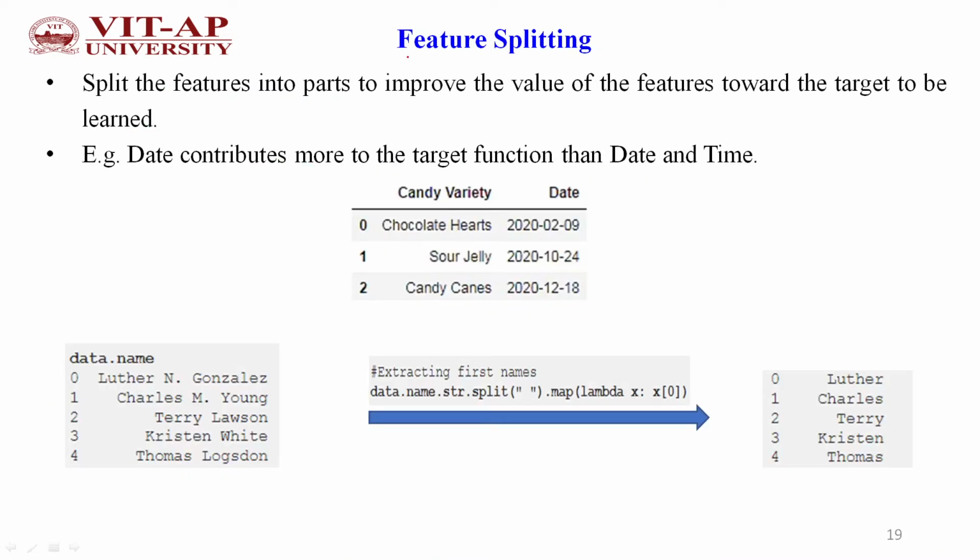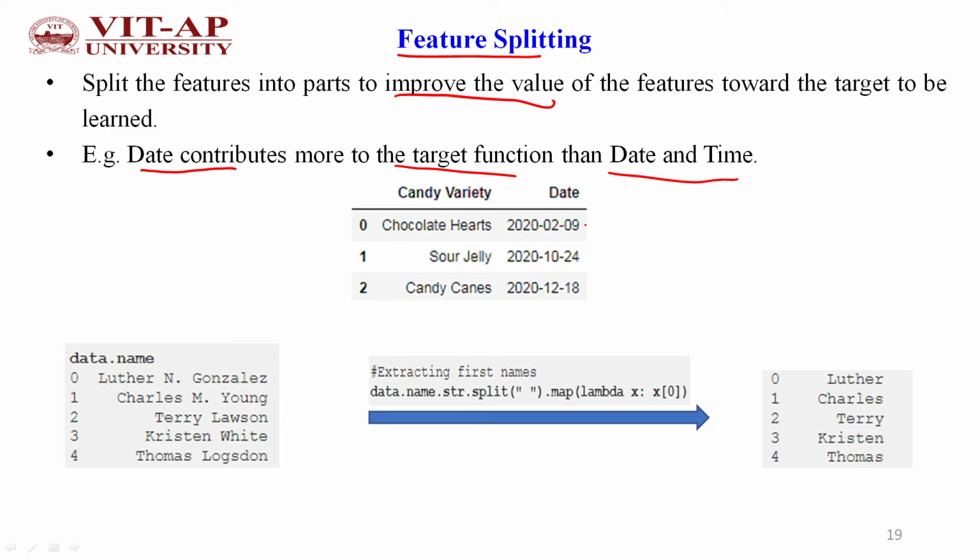Then there is one more method, feature splitting. If you want to split the feature value, we can go for feature splitting, which will improve the value of our features. That means it will improve our model's performance, and give you more in-depth knowledge about the data. For example, date may contribute more to the target than date and time.